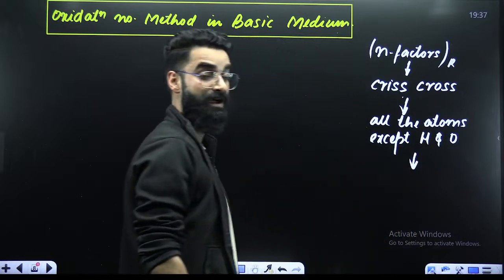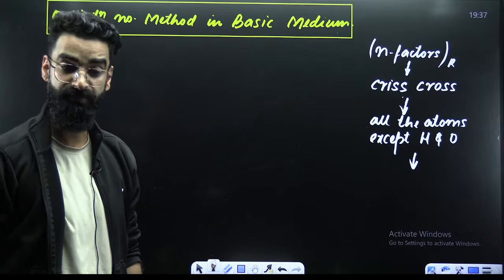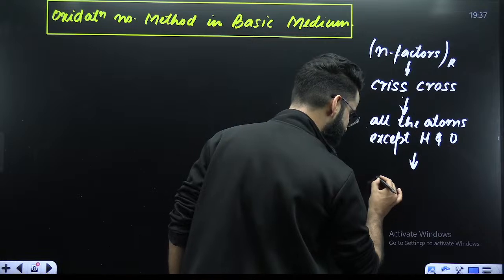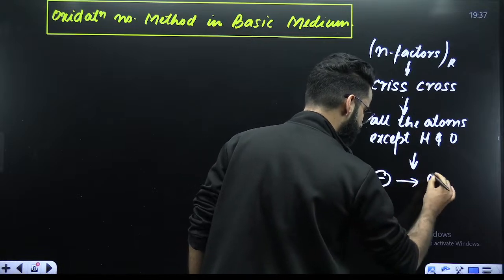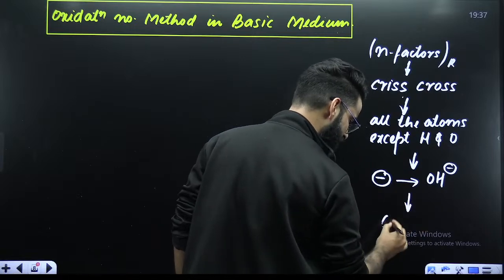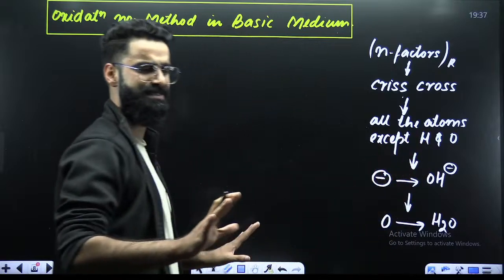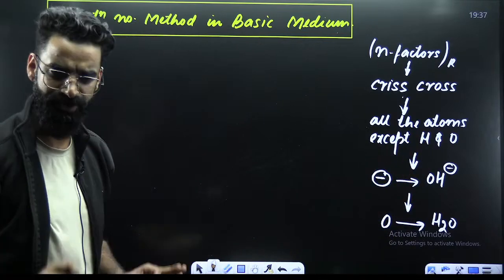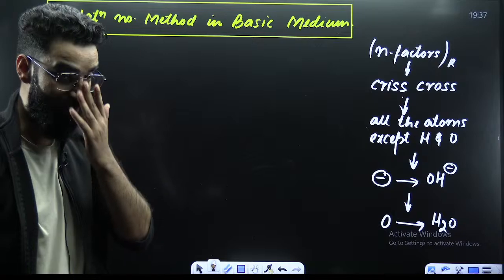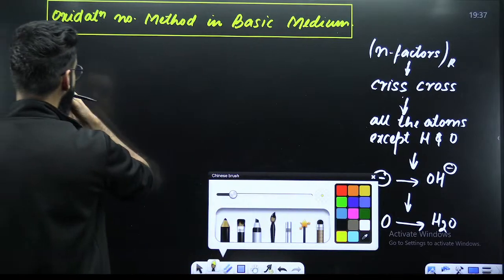After that, in acidic medium, we used to balance oxygen. Now here we are not going to balance oxygen first. Here we are going to balance negative charge first with the help of OH negatives. Then later on, you'll balance oxygen with the help of water molecules. That's it. This is the procedure, people. Try to understand what exactly I'm going to do. Let me take some reaction so that I can balance that.